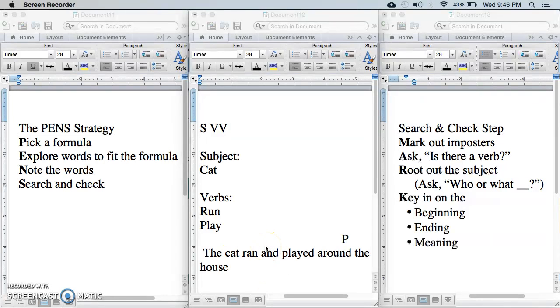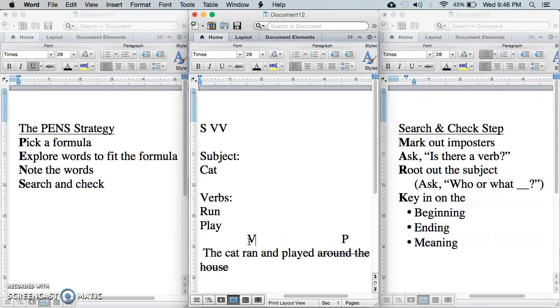Yes, so I'll write a V over it to see it's a verb. Is and an action or linking verb? No, but it gives me a clue to keep going.